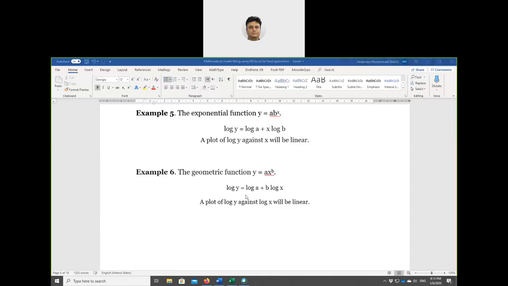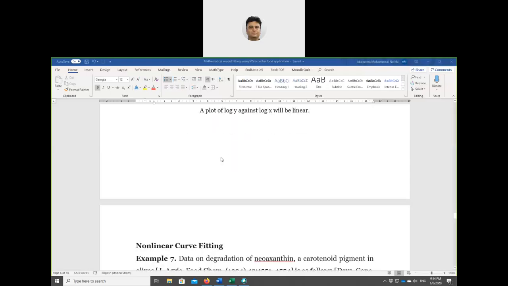And instead of y and x, if we plot log y against log x, we have a linear one. Yeah, this is, if you remember, semi-log paper and full log paper. This is log and this is log, and non-log, regular one. Okay.